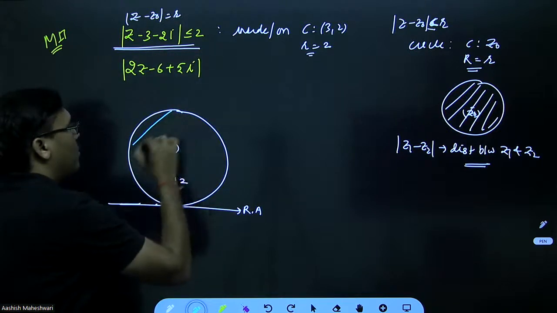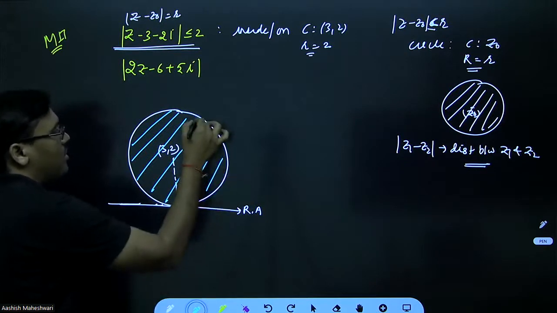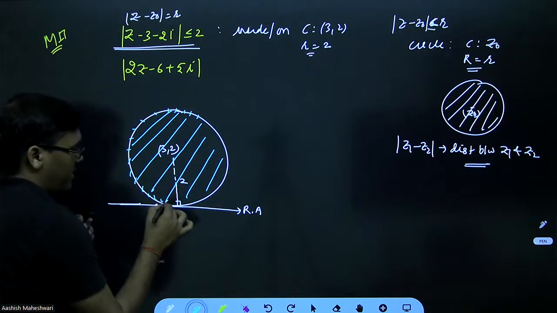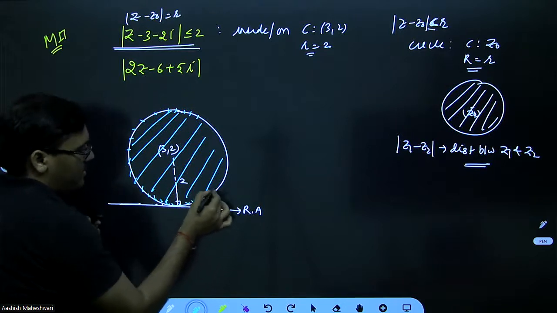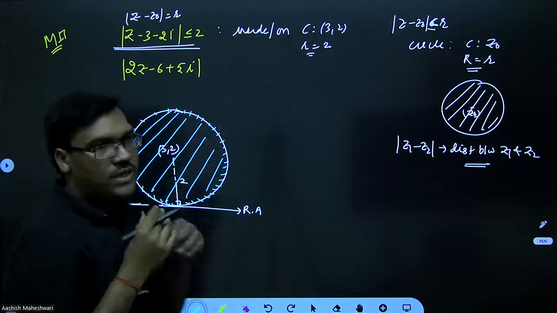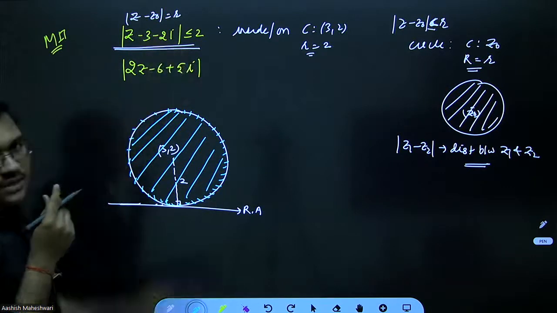That means all these complex numbers, these are Z. ये सब Z है और on the circumference क्योंकि equal to भी है. We have both the cases equal to and less than, right? So this is the region in which Z will lie. इनमें से कोई भी complex number Z हो सकता है because this is the condition.